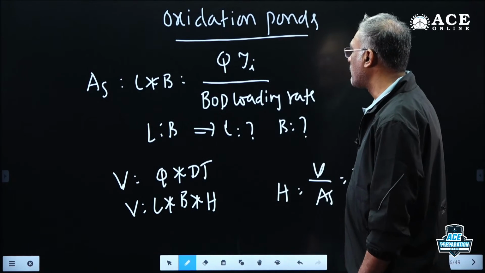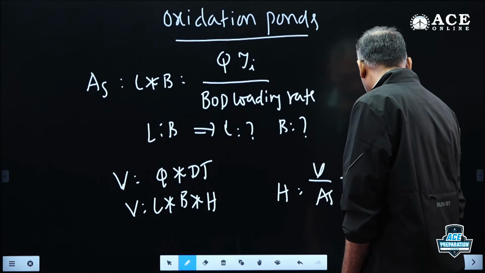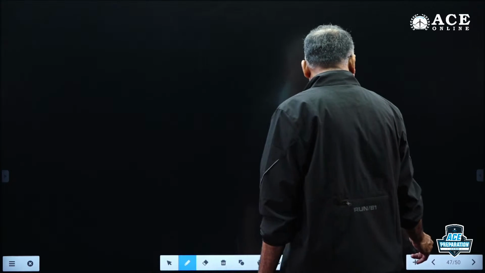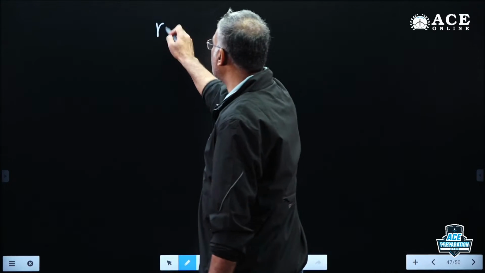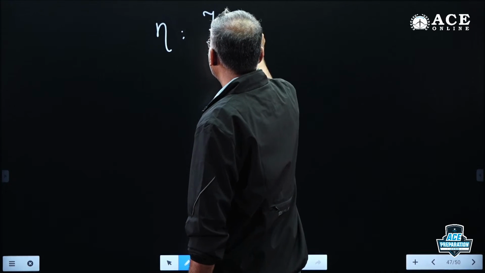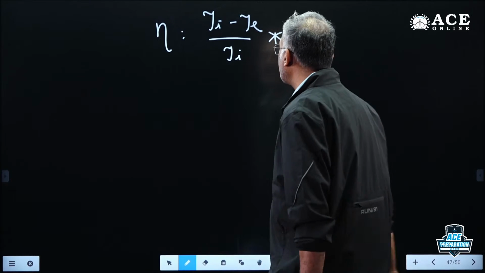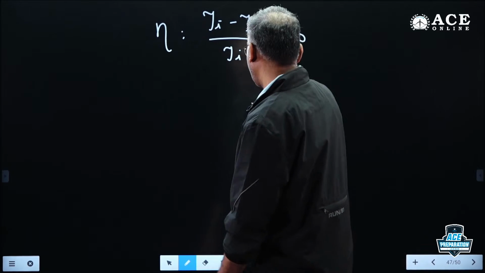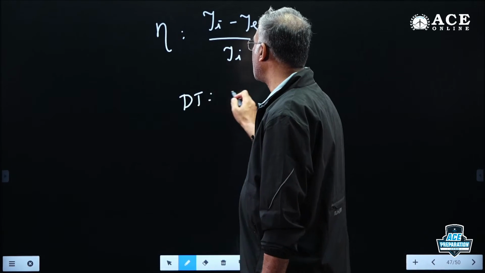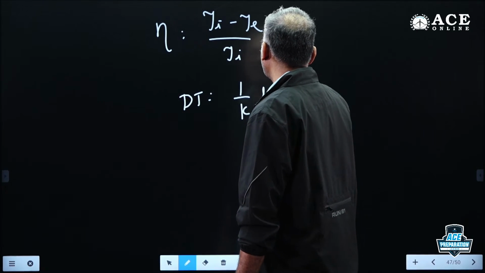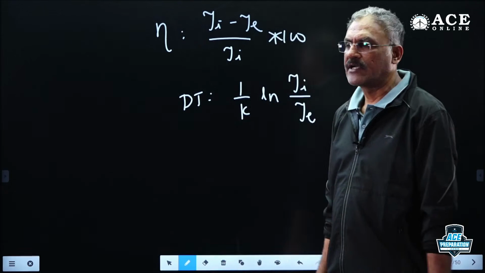Oxidation pond questions also link with BOD problems, by linking this parameter. The BOD removal efficiency of the pond is equal to (Yi minus Ye) by Yi into 100. This is one thing. And the detention time of this pond you can approximately find out by 1 by K into Ln (Yi by Ye). If Yi and Ye values are known to you, you can find out detention time.